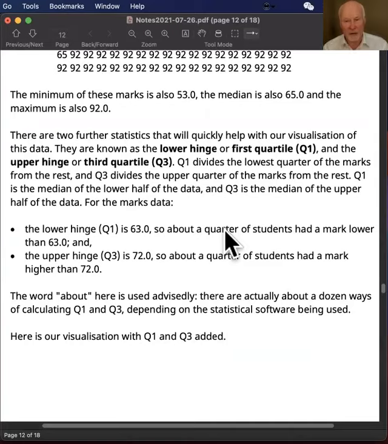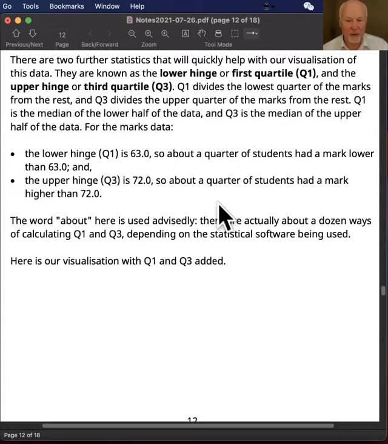If you use Excel, it has two methods that it uses, one of which is a strange historical thing that people stopped using 100 years ago. So it's going to be a little bit different depending on the software that you use, but in practice it rarely makes much difference, so I wouldn't worry about it too much.